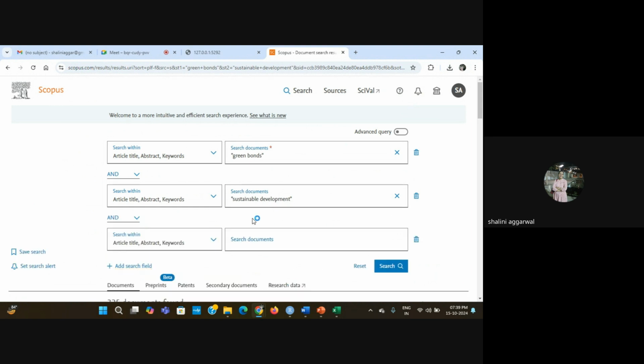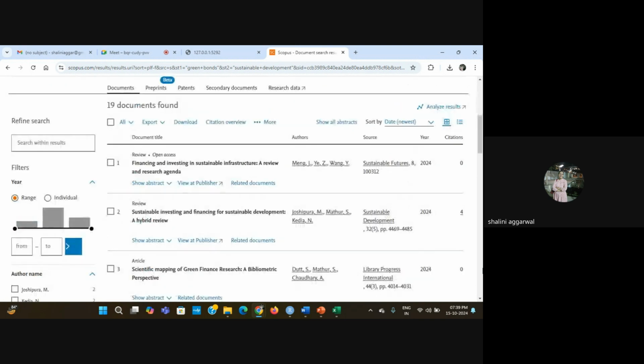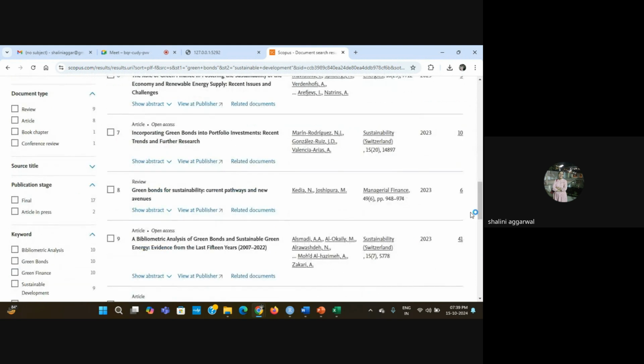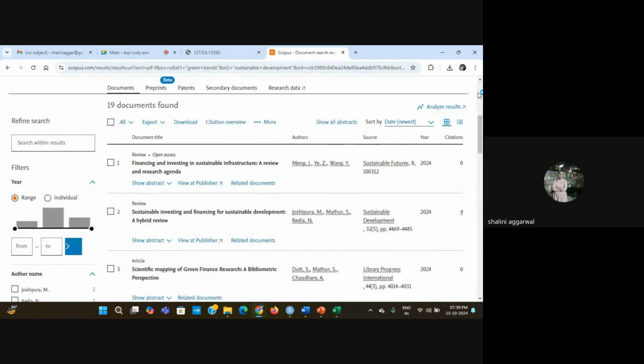And if you want to see whether anybody has done any bibliometric on this topic, click onto the search, and then you will see 19 people have done this. Look at this, right? So 19 people have already done the bibliometric analysis on this.